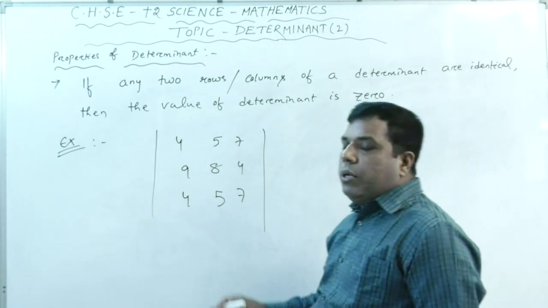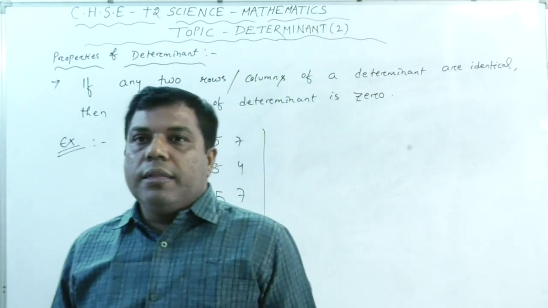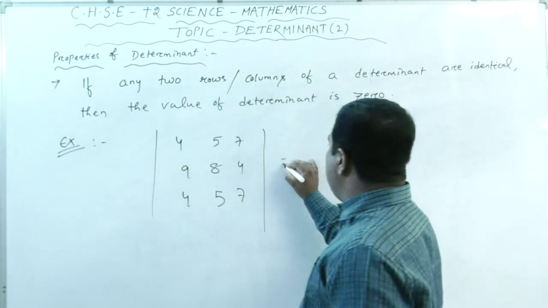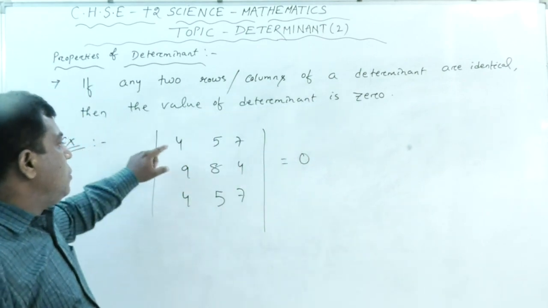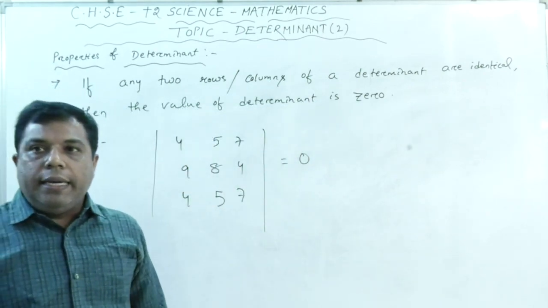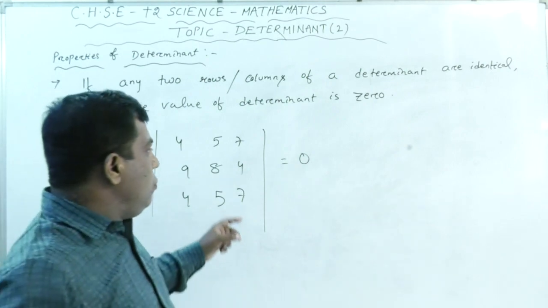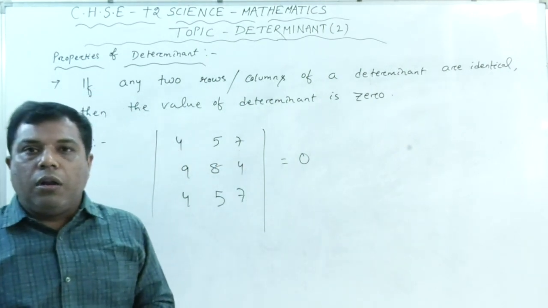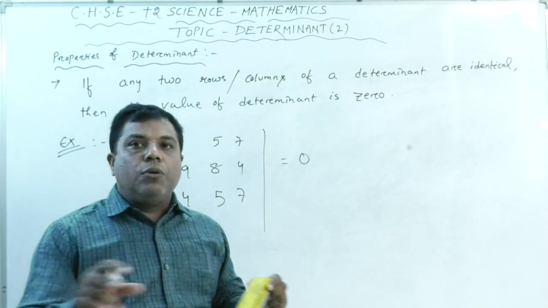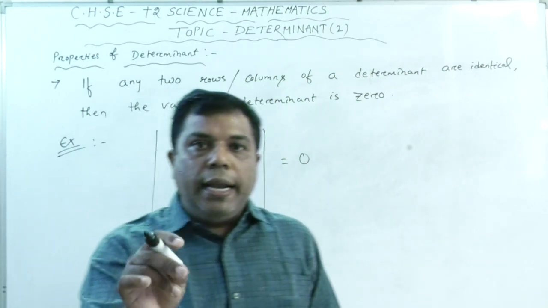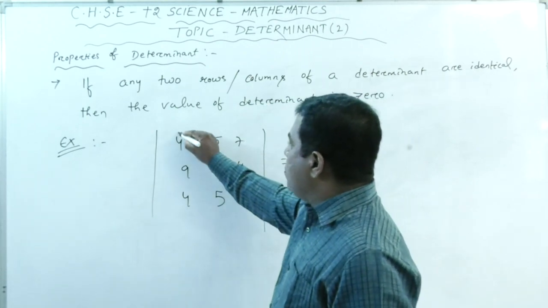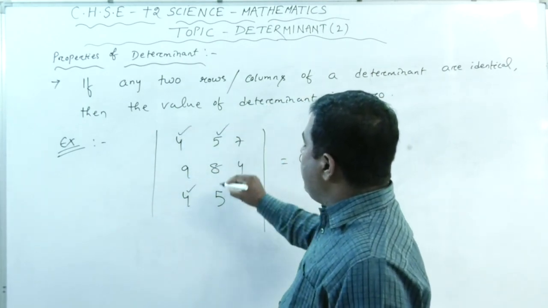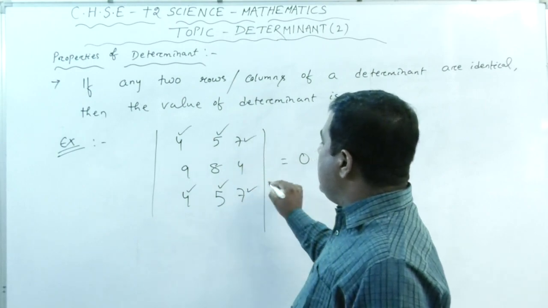But without evaluation, we can say that the value of this determinant is equal to 0. Why? Because the first row and the third row are identical to each other. So if any two rows or any two columns are identical, meaning the entries are the same, then you can see 4 is there, here 4 is there, here 5 is there, here 5 is there, here 7 is there, here 7 is there.